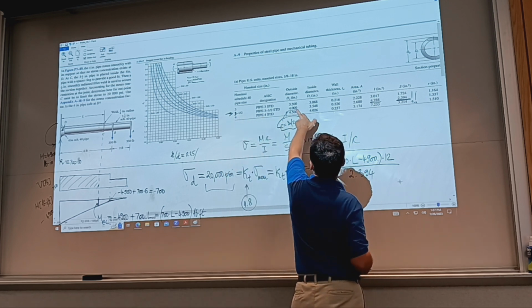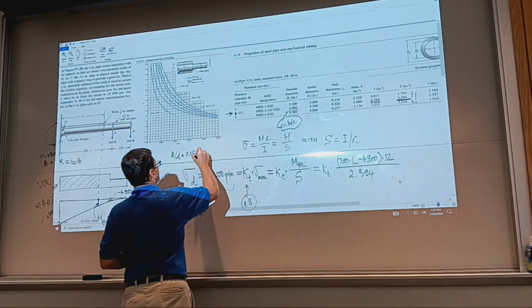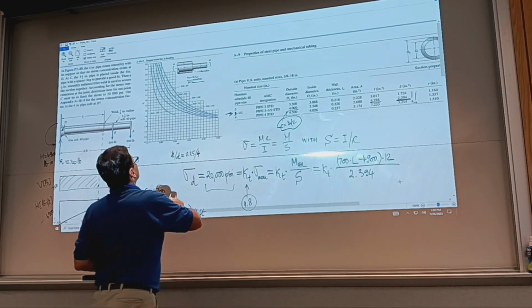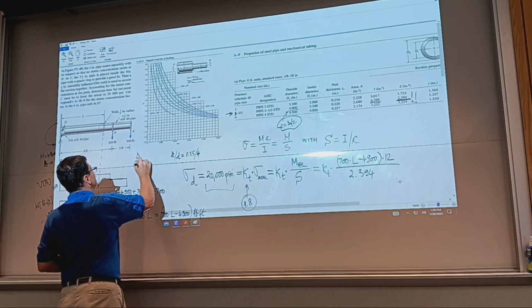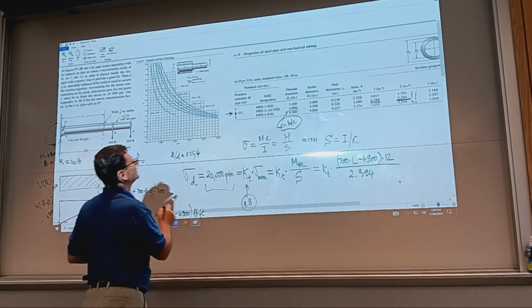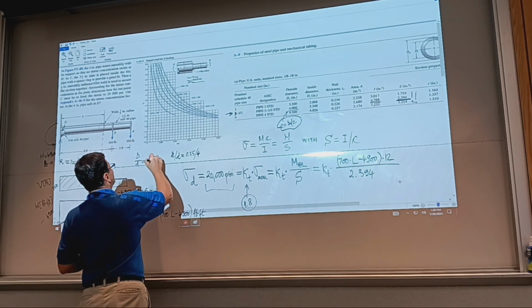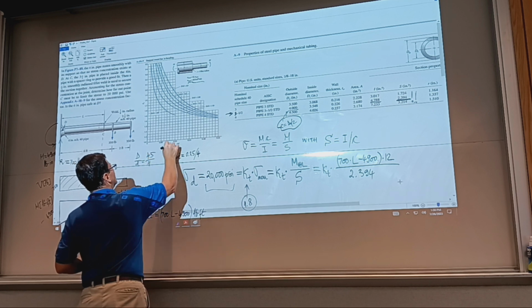So it's actually going to be this one. Okay, so over 4. And then I need to evaluate capital D over lowercase d, and that's going to be 4.5 over 4.